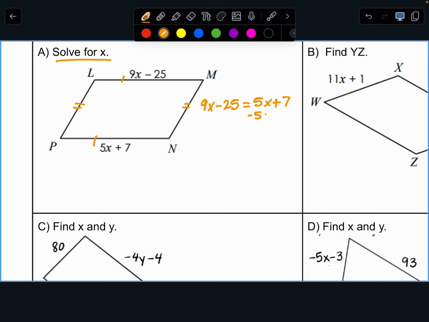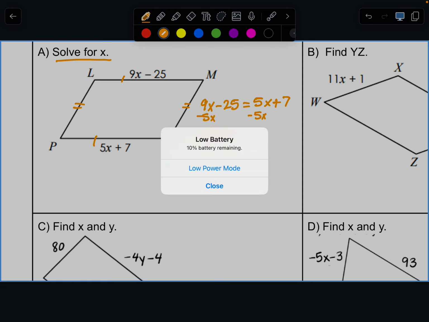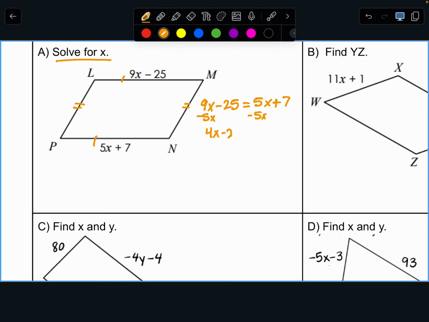So we subtract 5x from both sides. 4x minus 25 equals 7. Add 25 to both sides. 4x equals 34.